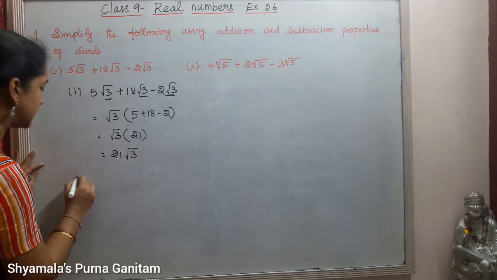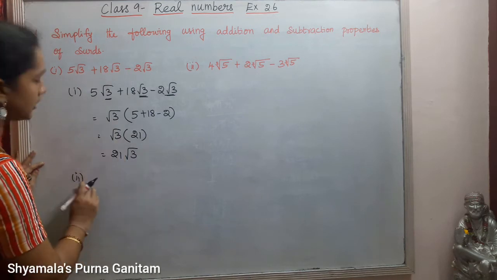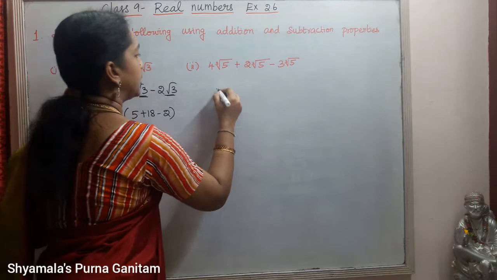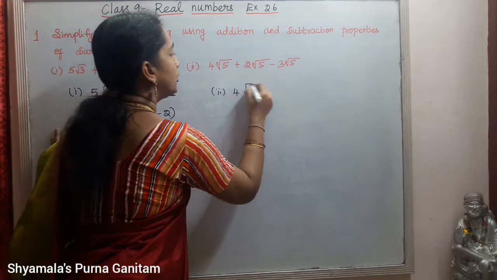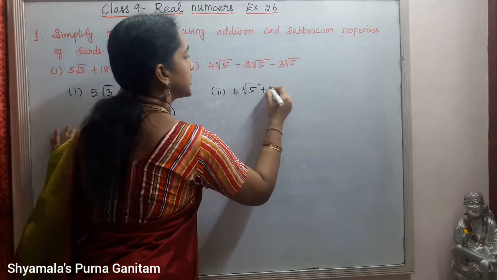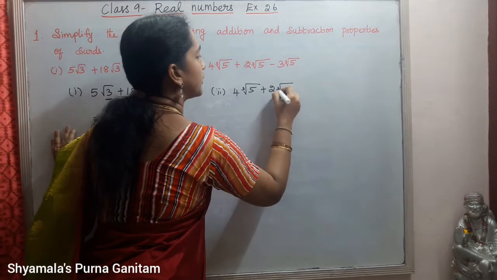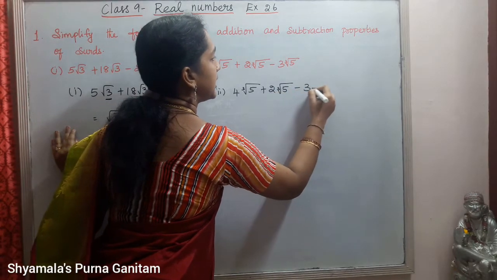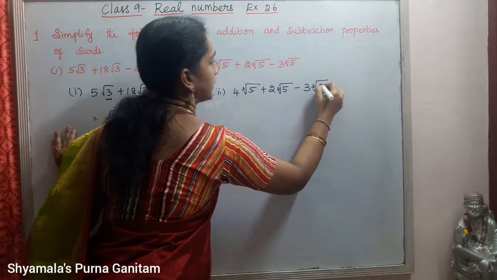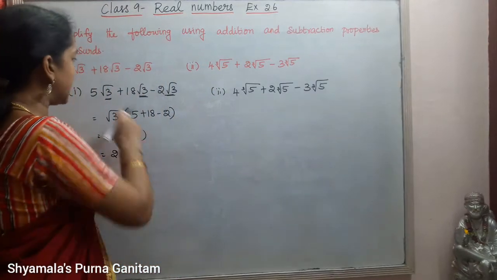Then the second sum is 4 cube root of 5 plus 2 cube root of 5 minus 3 cube root of 5. Here also it is the same thing, only here it is a cube root instead of a square root.